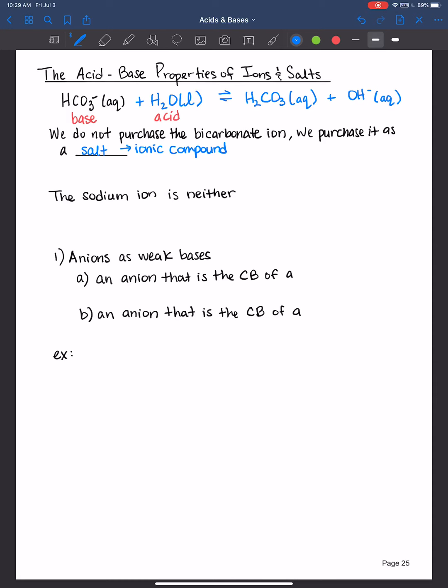Now, that sodium ion is neither acidic nor basic, which means it does not ionize water. It's not going to change the pH or the level of hydronium ions versus the level of hydroxide ions.